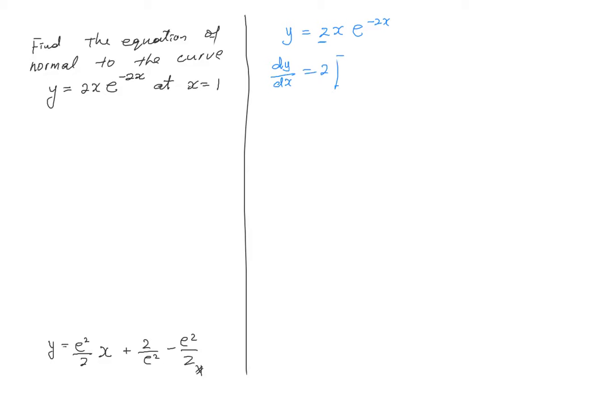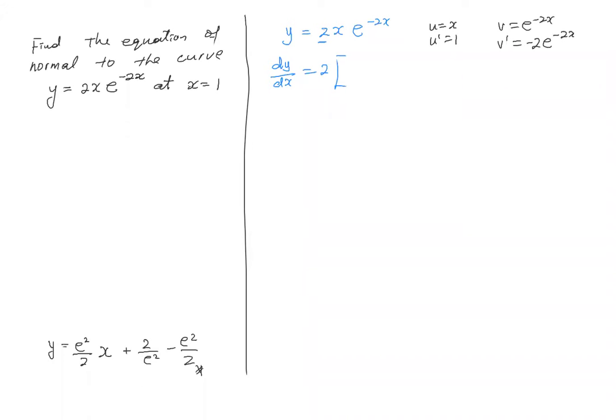I let this be my u, it's up to you. Your u is x, so your u prime will be 1. Your v is e to the power negative 2x, so your v prime will be negative 2e to the power negative 2x.